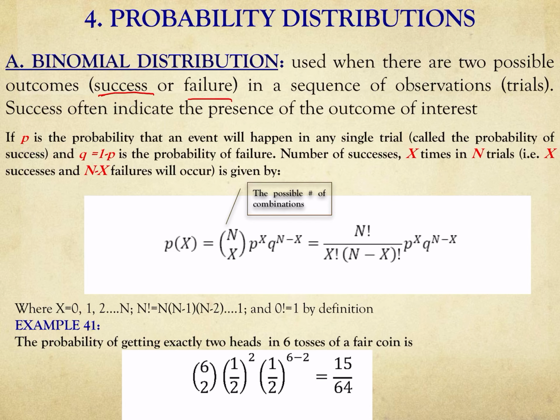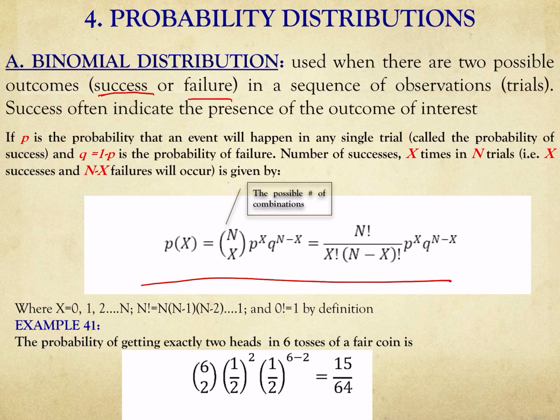So this is the formula we use. x is the number of your successes, the number of times for what you're targeting, and n will be the total trials, the number of times for both success and failure.